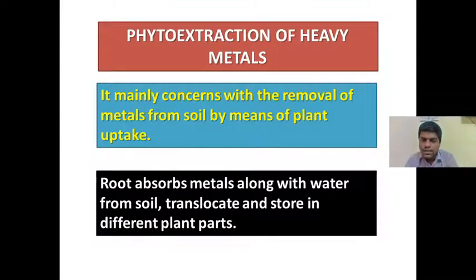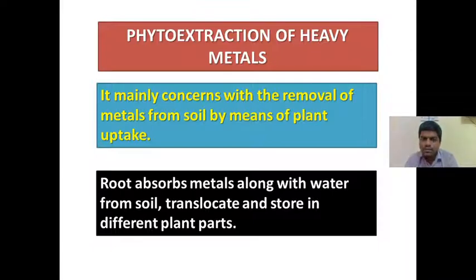After absorption, the plant will translocate those heavy metals or chemicals to different plant parts such as stem, leaf, inflorescence, flowers, fruits and seeds, and will store those pollutants in those parts. So this process of absorption of heavy metals with the help of roots is called phytoextraction of heavy metals.